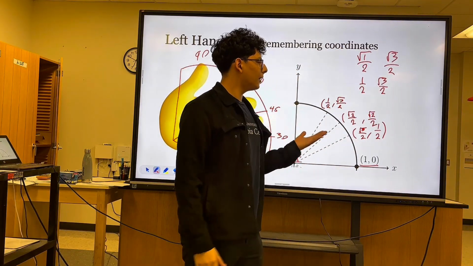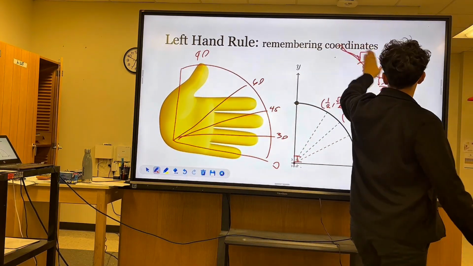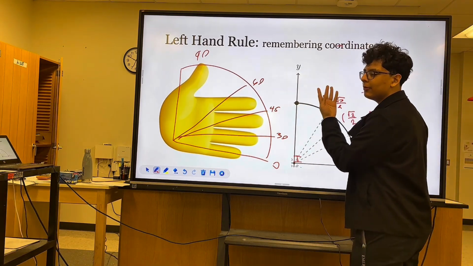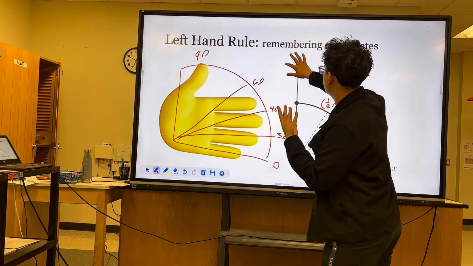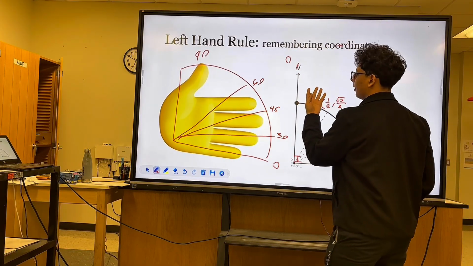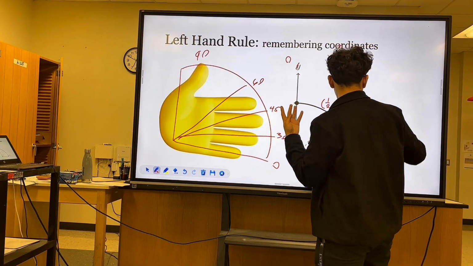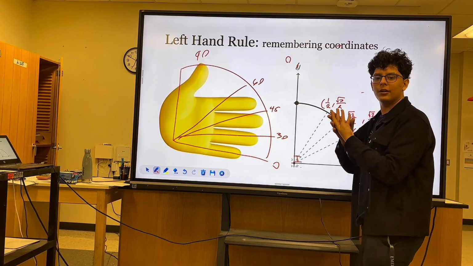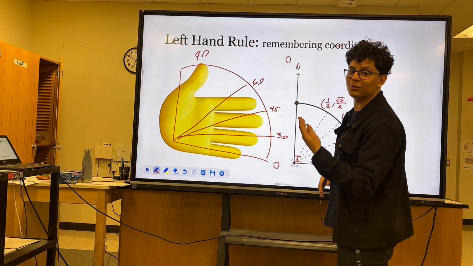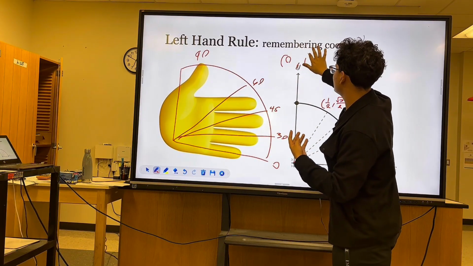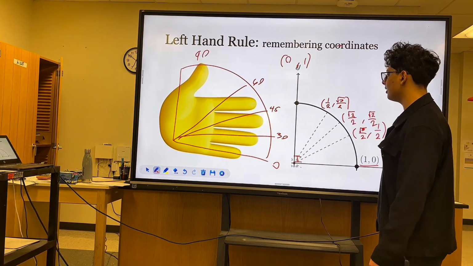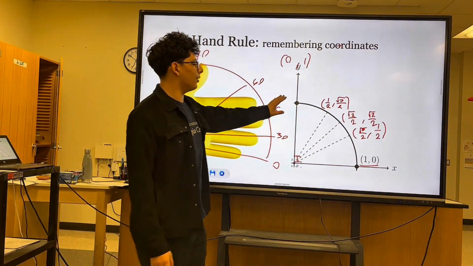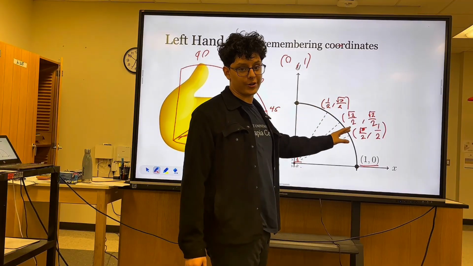All right, lastly, we have 90 degrees. We have 0 fingers on the left side, so 0. And on the right side, we have 4. Like 0 degrees, the square root of 4 is 2. 2 divided by 2 is 1. This is the coordinate for y.